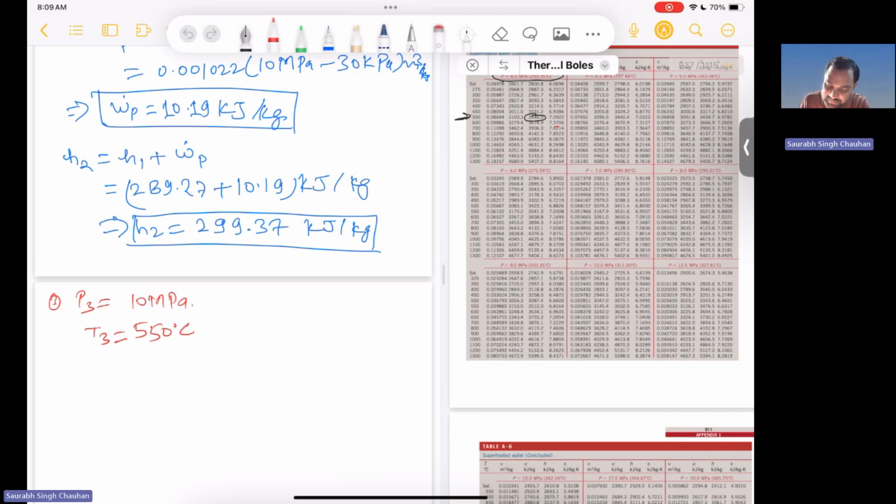Okay, so 10 megapascal at 550 degrees Celsius.